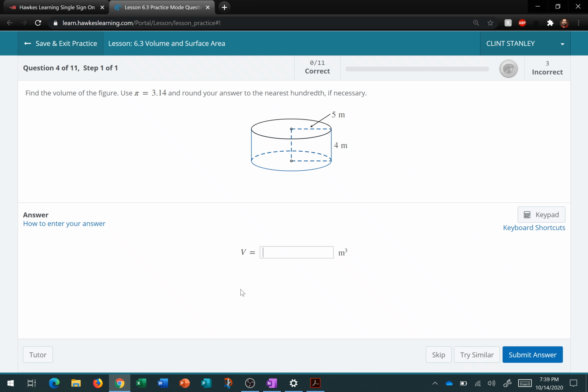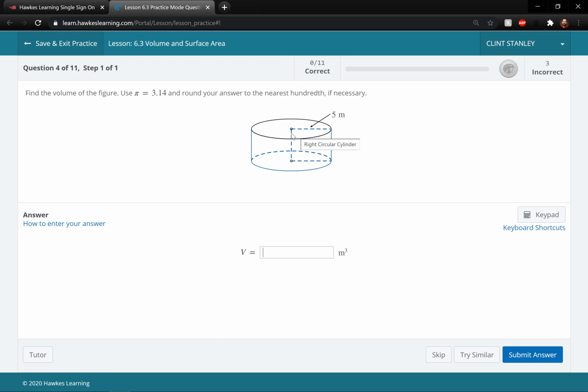Remember, we're using 3.14 for pi, so it'll be 3.14 times 5 squared times our height, which is 4. And we'll get our answer in cubic meters. When we're doing volume, our units are always going to be cubed, or to the third power. And so that's the difference between volume and area.